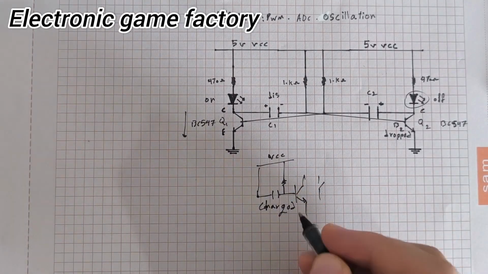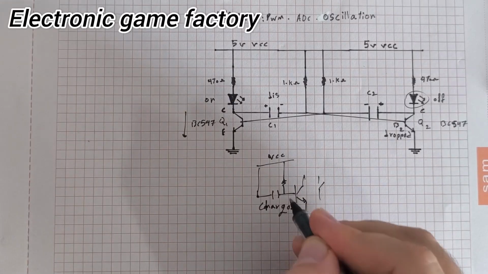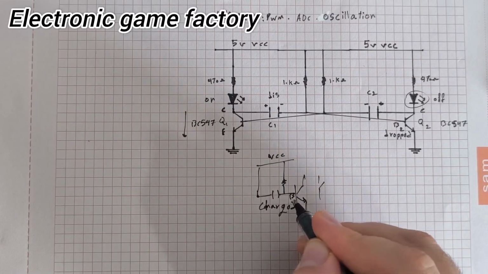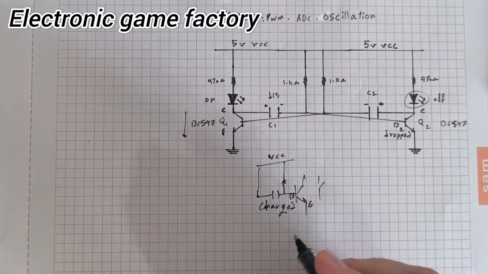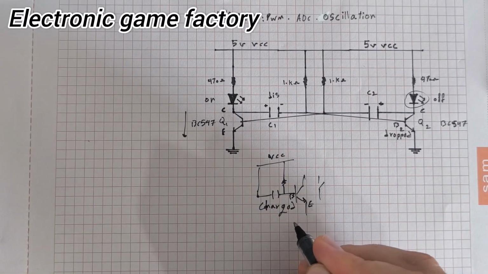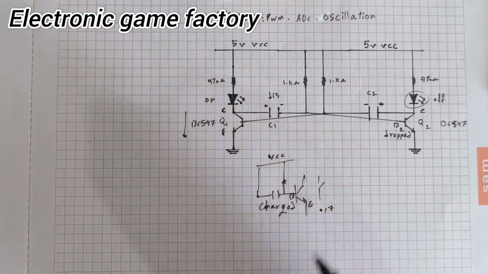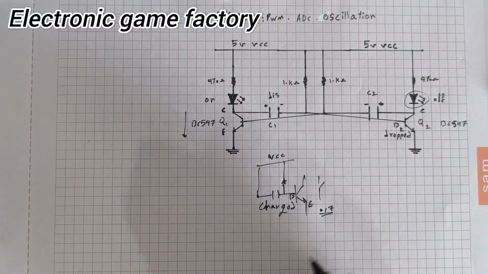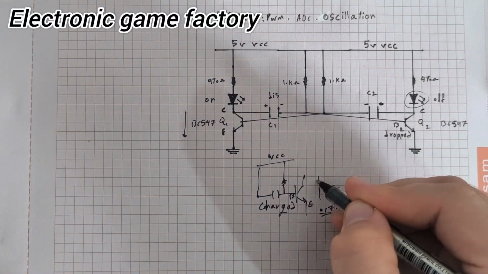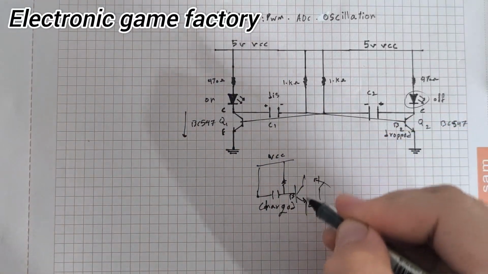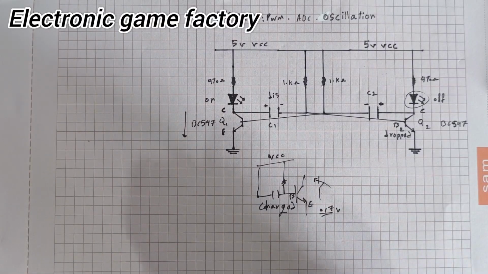When it is charged, the potential difference between base and emitter is 0.7. More than this, we can connect the circuit and the circuit will be closed.